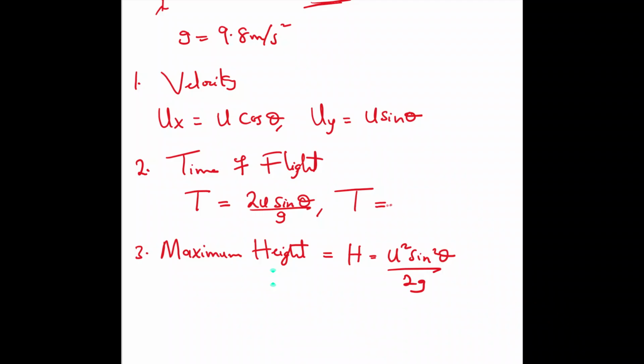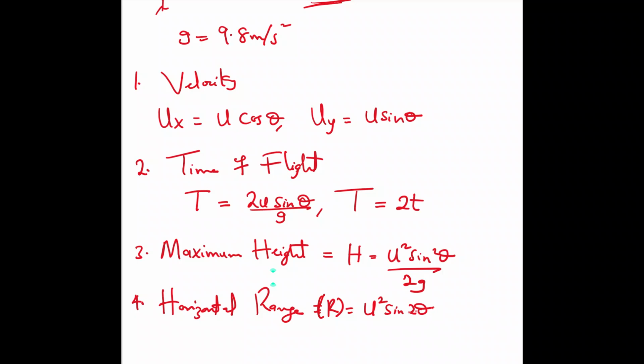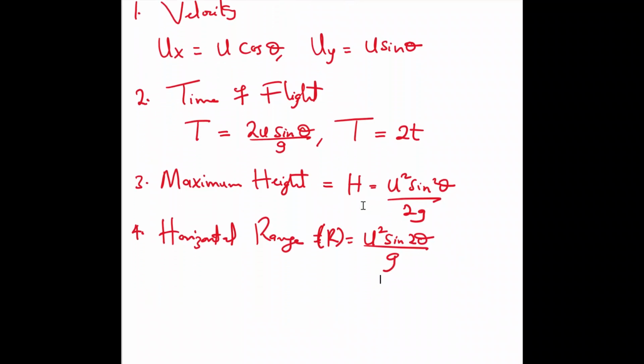For the total time taken, t equals 2t, so that's two times the time of flight. Another formula you need to know is the horizontal range. The horizontal range is r equals u squared sine 2 theta over g. So that's the formula for finding the horizontal range.